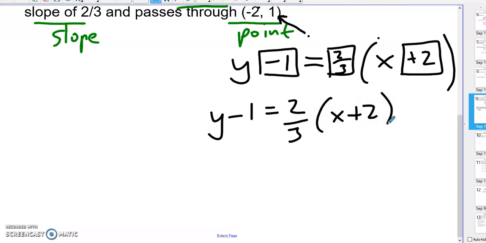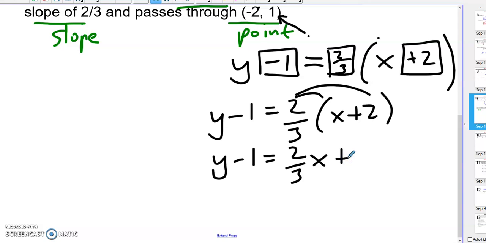Now we need this in standard form for the final answer, so let's distribute here, and we get y - 1 equals 2/3 x plus 2/3 times 2 is 4/3. And now let's move this 1 over, add 1 to both sides.